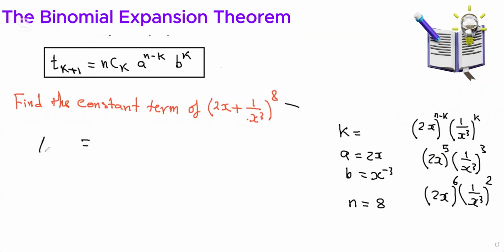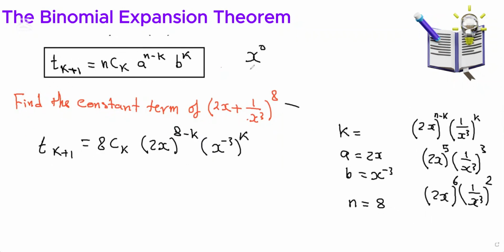So t of k plus 1 equals 8 choose k, a, which is 2x, to the 8 minus k, and b, which is x to the negative 3, to the power of k, because b has to be to the power of k. Now, for a constant term, x will have to have 0 as its exponent, because x to the 0 equals 1, and therefore that will end up giving you a constant term.